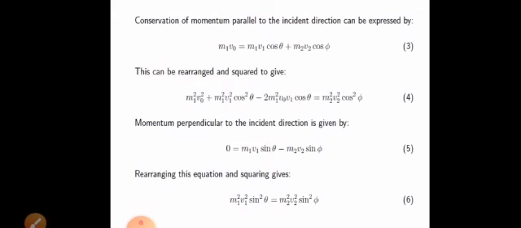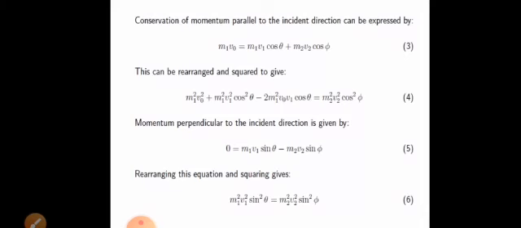First you write the horizontal component, then the vertical component. Write the conservation law in both horizontal and vertical directions. When you consider the perpendicular component, you get equation number 5: 0 equals m1 v1 sin theta minus m2 v2 sin phi.